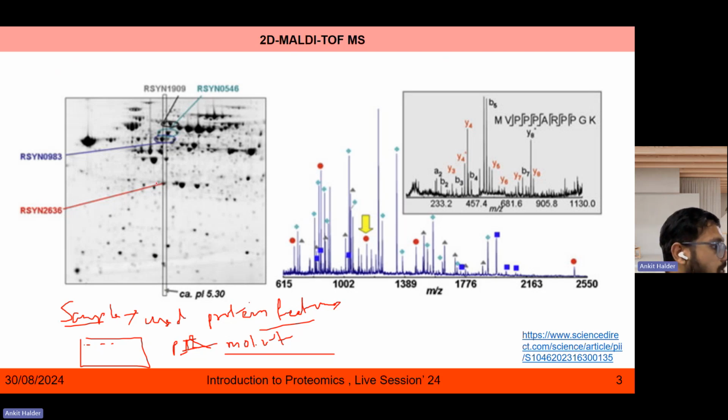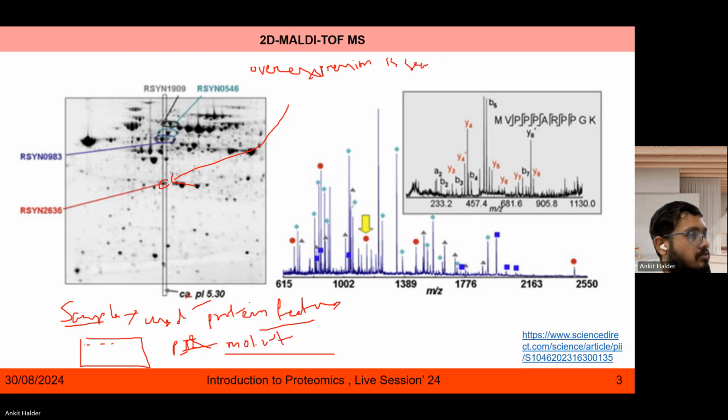For example, this particular spot has a certain pI and certain molecular weight. If you are interested, for example, this protein is highly expressed here. Overexpression means it is seen in only one condition.